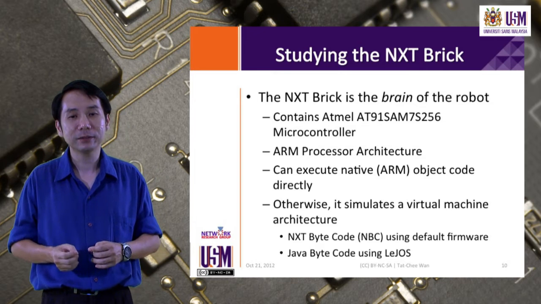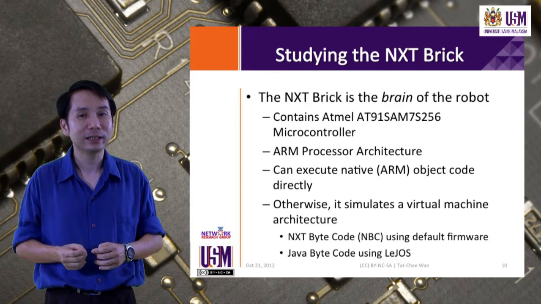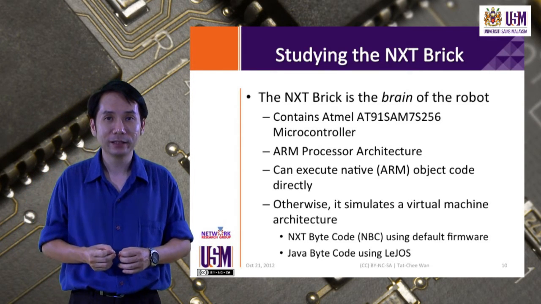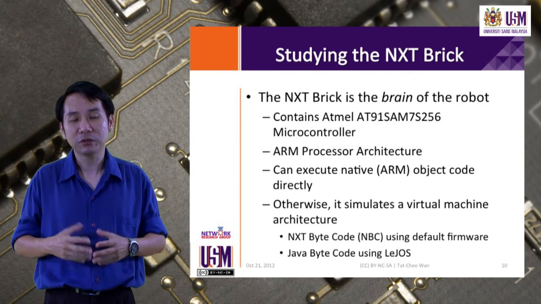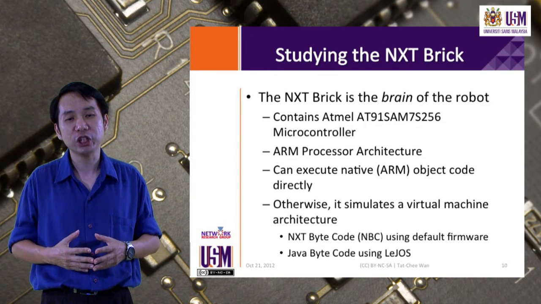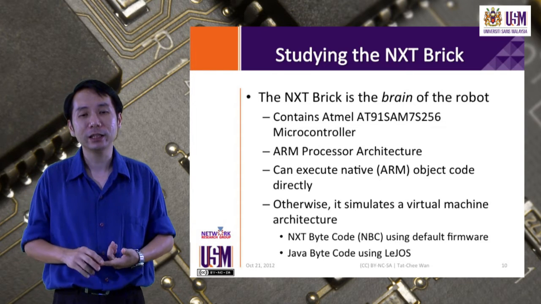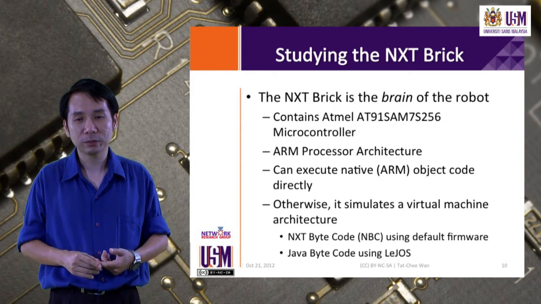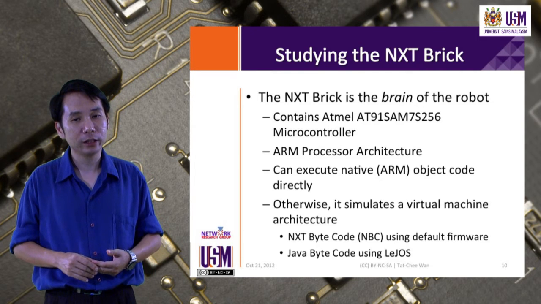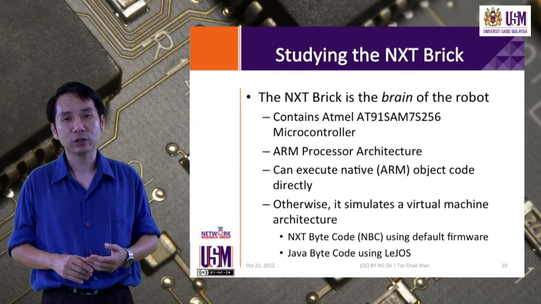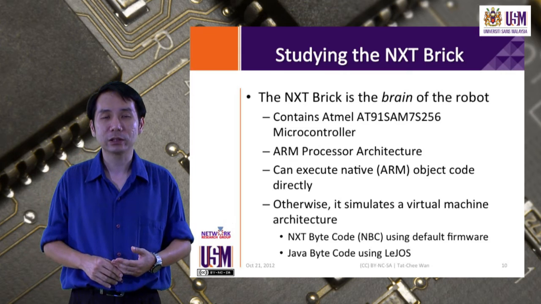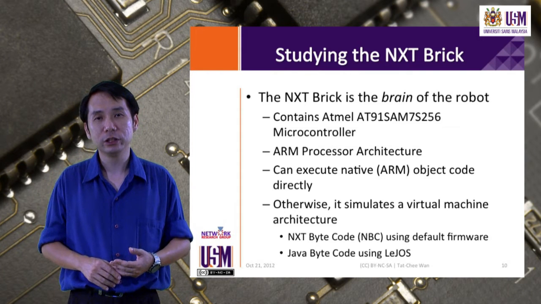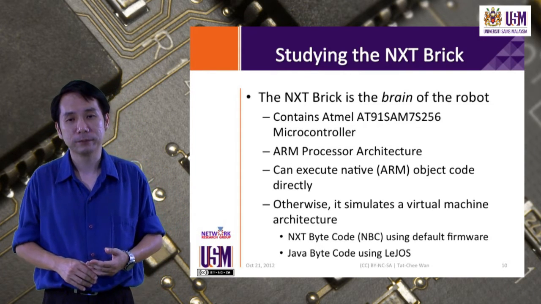It can execute native ARM object code directly. Otherwise, by default, it will simulate a virtual machine architecture for executing NXT bytecode or NBC executables using the default firmware. Alternatively, if we install other firmwares, you can execute Java bytecode using leJOS as an example.